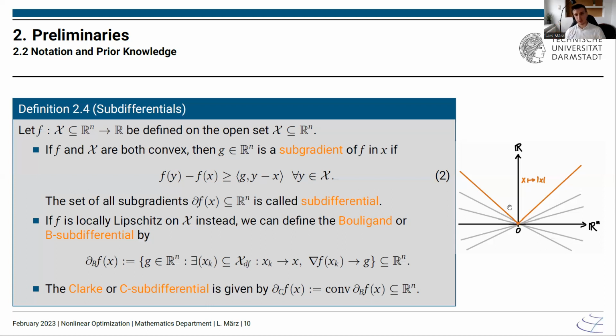So the Clarke differential is -1 everywhere on the negative part of R, and +1 on the positive part of R. And in the origin, it's the whole closed interval from -1 to 1, which somehow makes sense because it's the set of all plausible derivatives in that point. So if you ask somebody what is the derivative in that point, anything apart from a value between -1 and 1 would be very unintuitive.